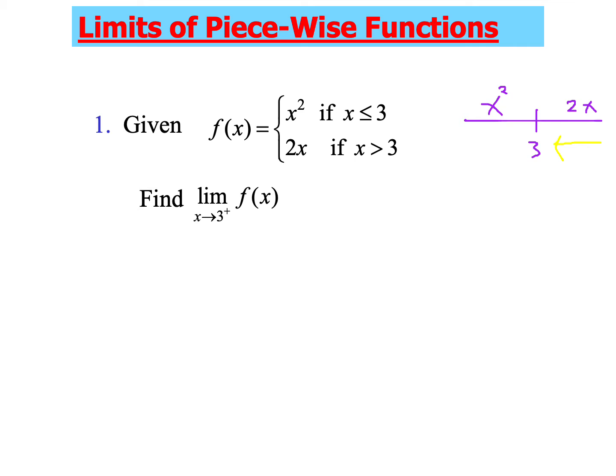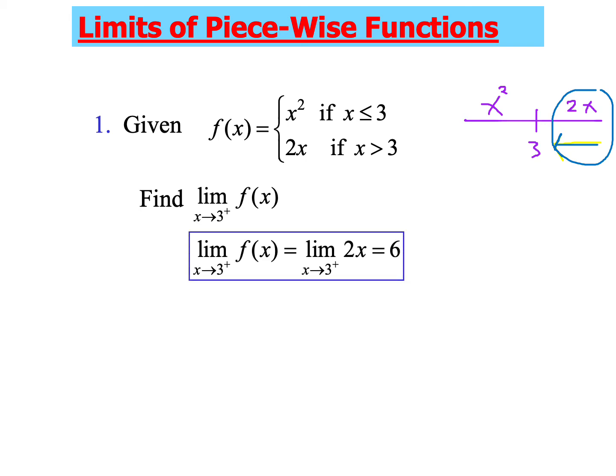When I go to 3 from the right, it's clear that I will meet only one function, which is 2x. That means the limit of this function will use only the function 2x, and when I replace x by 3, I get 6.